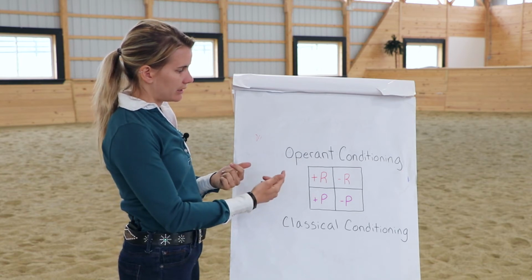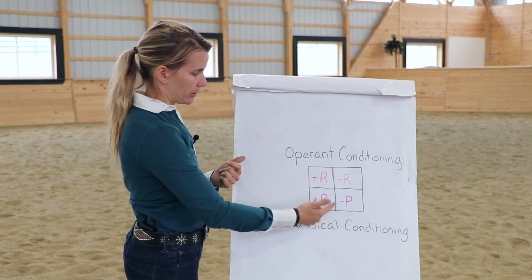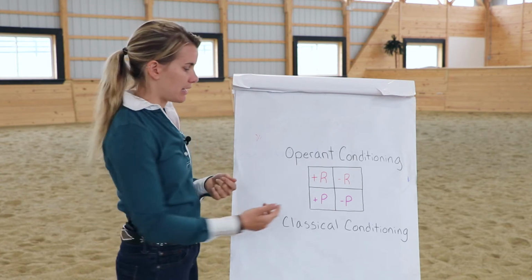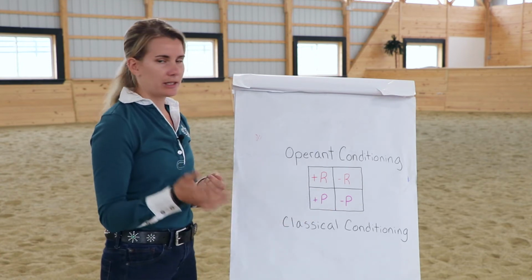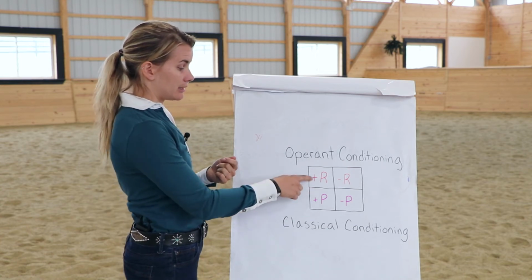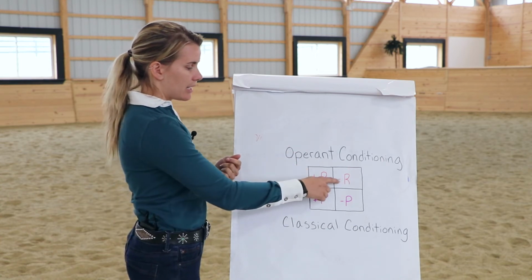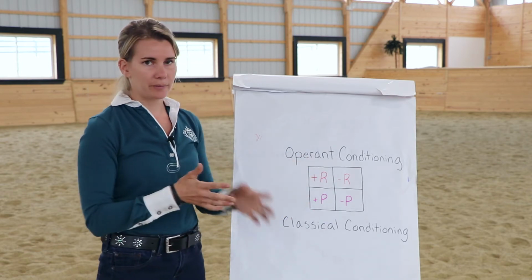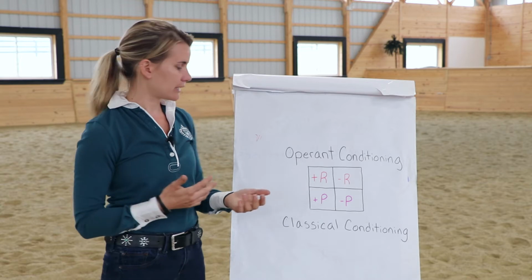And operant conditioning has this training quadrant. It has reinforcements, which are things that are going to increase behavior, and it has punishments, which are going to decrease the behavior. Now, whenever you see these plus and minus, that means plus is positive and minus is negative. It doesn't mean good or bad, but it's more in a mathematical sense.